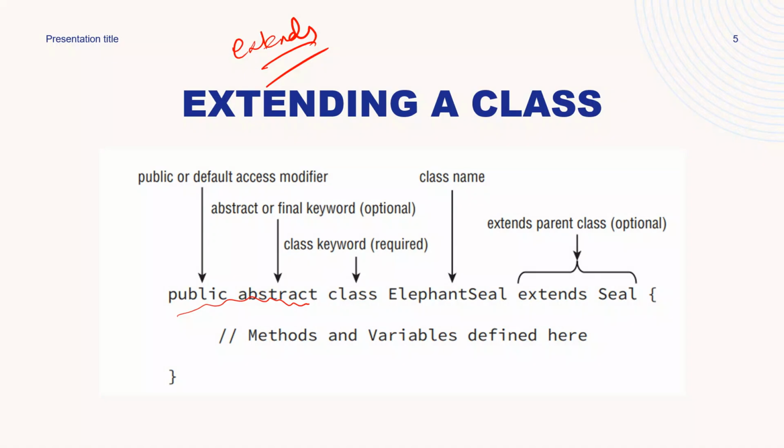It is not related to inheritance. Obviously the concept comes in inheritance, but if you just want to extend a class, you don't have to have any relation to it. Just keep in mind the only keyword that is necessary to extend a class is the extends keyword. So it's pretty simple. You just say class name and extends, you use the extends keyword over here, and this is the parent class name. Okay, I hope that is making sense, guys.